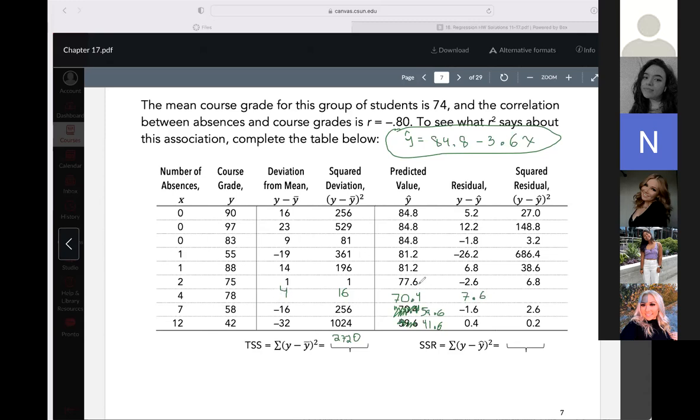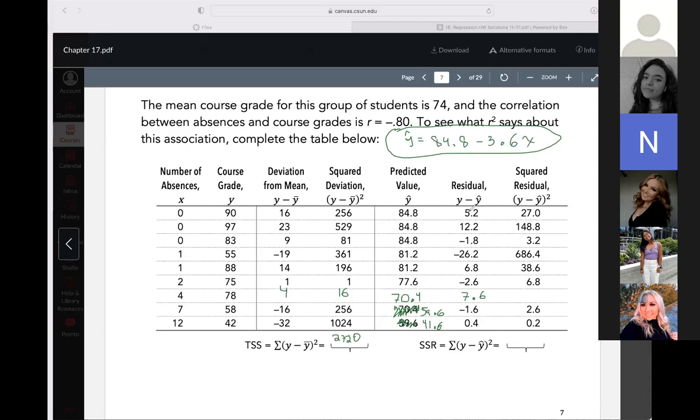Next, 58 minus 59.6, that's right. 1.6. Good, and then 42 minus, yeah, these are good. So these are wrong, but luckily these numbers are correct. And that's what we use in these.